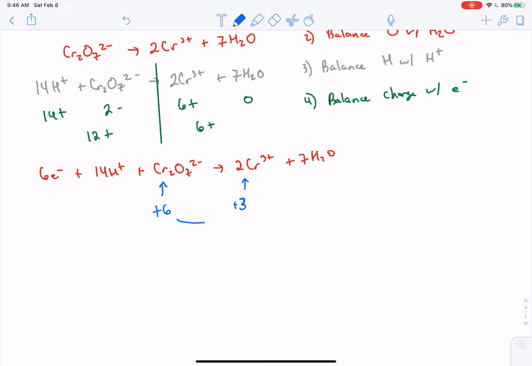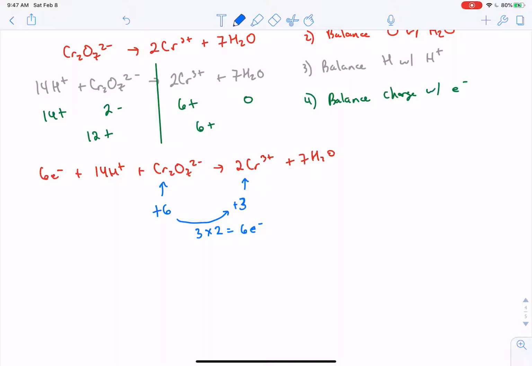So how much did it change by? 3. And how many times did it change by that? 2. So therefore, each time you're gaining 3 electrons here, but you're gaining it twice. So therefore, you should have 6 electrons. And that's how you check your answer. Right, that's the way to prove that you did it right.